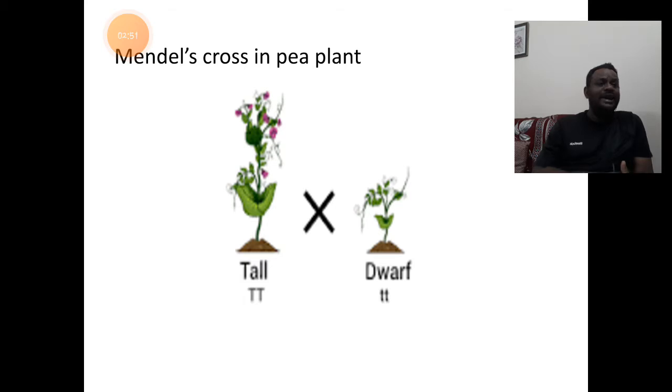And we know the expectation of the future generations through this cross of pea plant, related to the example of tallness and the dwarfness of the height of the plant. So we are sure that upon the cross, in F1 generation, we tend to get all tall plants, but of heterozygous condition. This is easier for us to express.